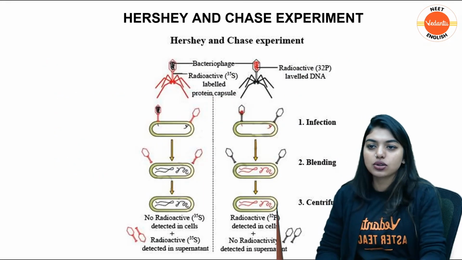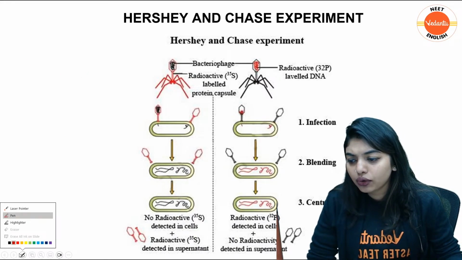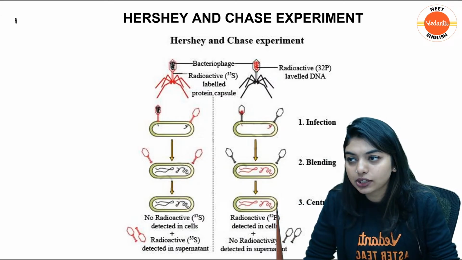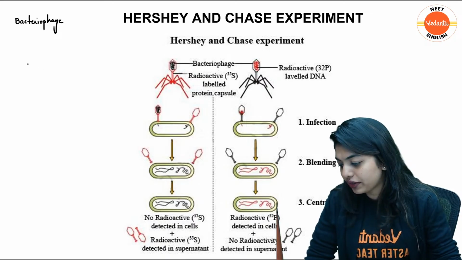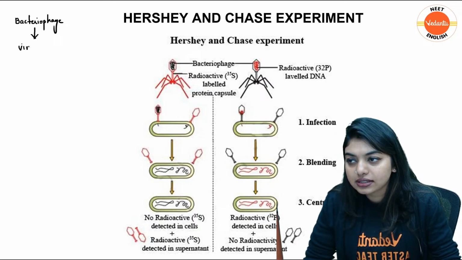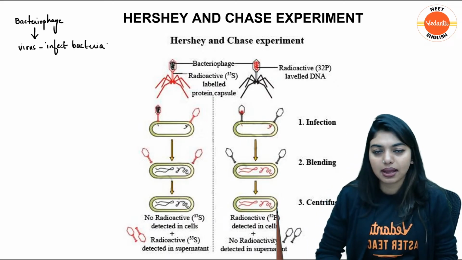So students, look here. This is the diagram given in your NCERT. First we will try to understand what all things they took. They took bacteriophage. Bacteriophages are actually viruses that infect bacteria. Agreed?